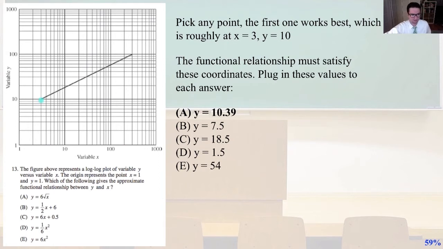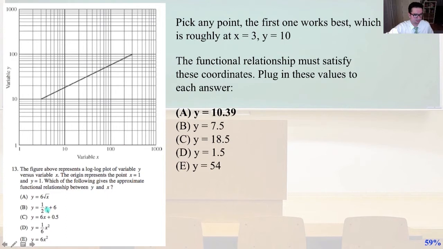So let's plug in these values to each answer and just see which one works. It's the easiest way to do this. So for A, y is 10, so does 10 equal 6 times the square root of 3? Yes, about 10.39, it does. Let's just keep going, though. So for B, y equals 1/2 x plus 6, so does 10 equal 1/2 x plus 6?